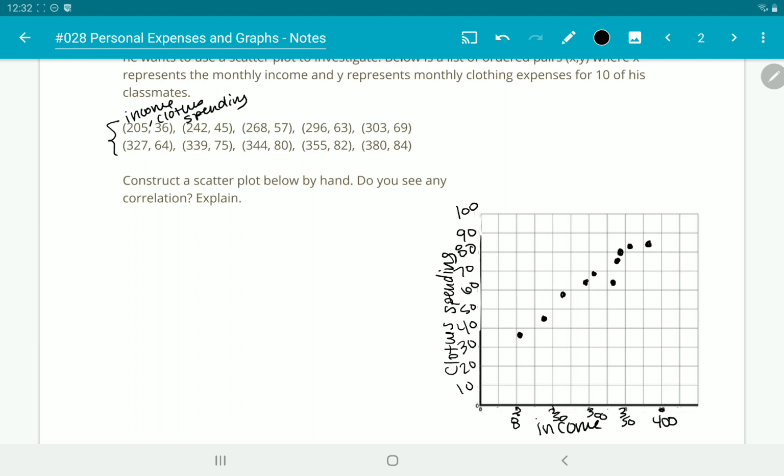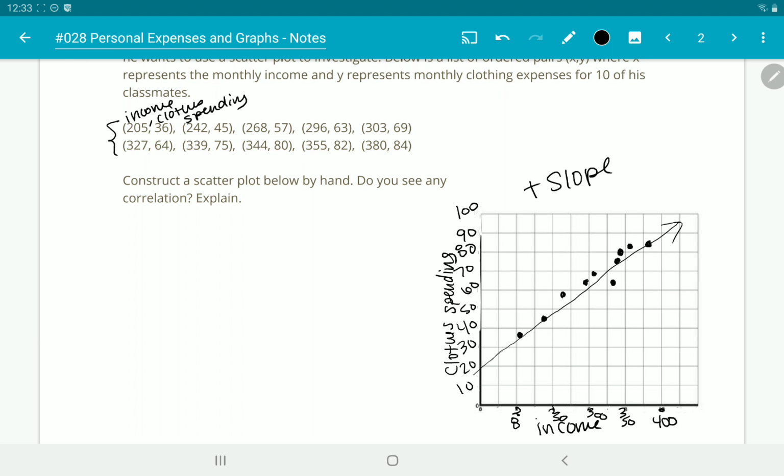Now that we've constructed the scatter plot, or just plotted the points that we're given, do we actually see any correlation? It wants us to explain. You can see that if you would look at this, you'd have a line going about that way. Since income is increasing as clothing spending is increasing, you can see that the hill is going upward. It's got a positive slope.